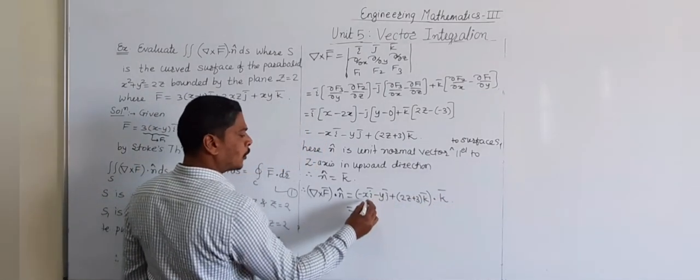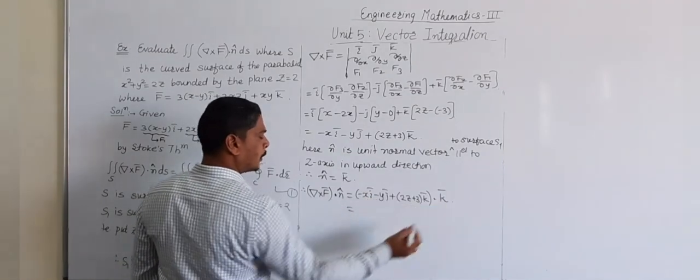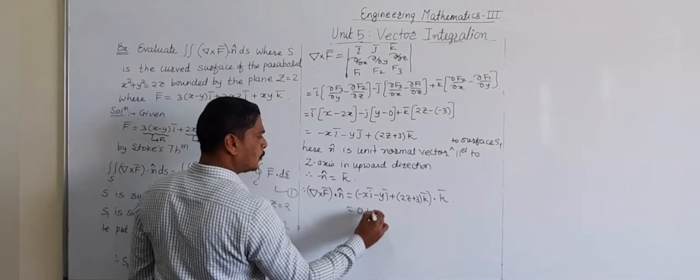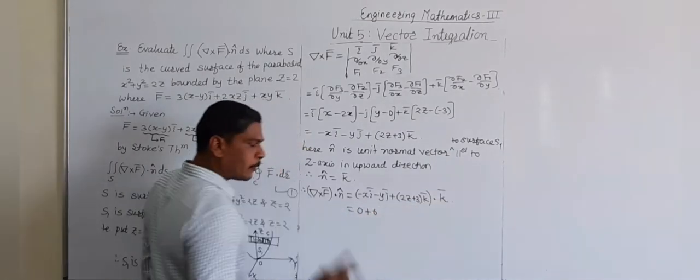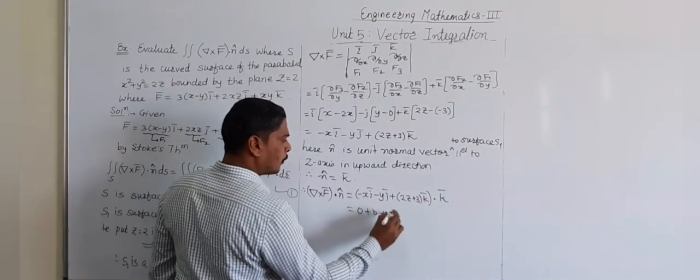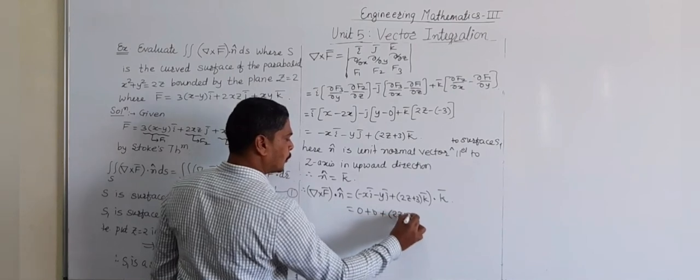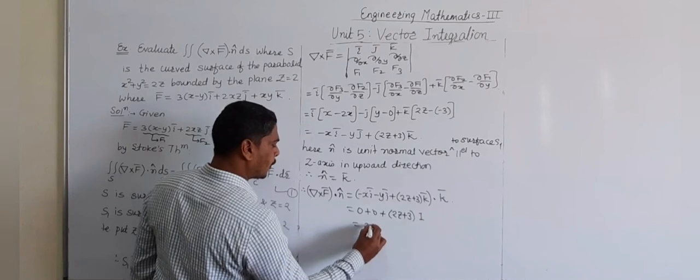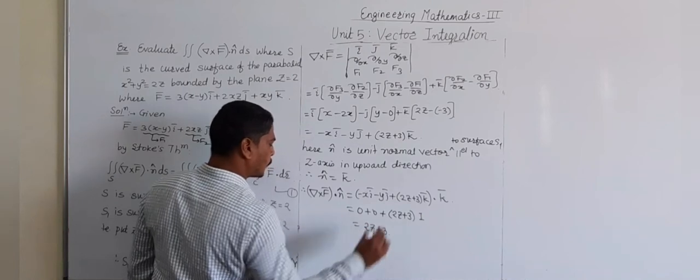So we know that dot product of i bar with k bar is 0, then dot product of j bar with k bar is also 0, dot product of k bar with k bar is 1. What is remaining? 2z plus 3 into 1 is remaining. So in that way this becomes 2z plus 3.